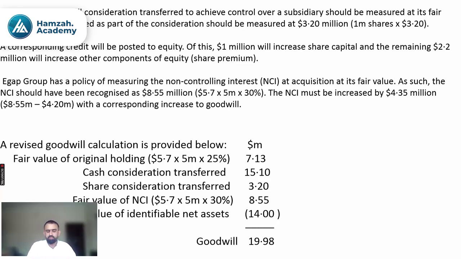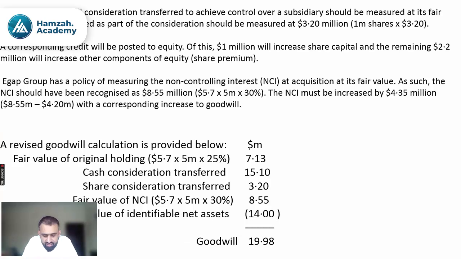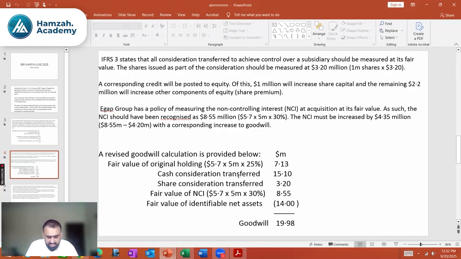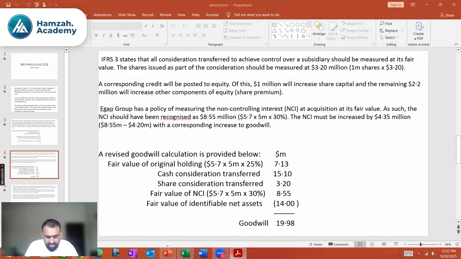So the value of the goodwill is 19.98. Now we have to adjust these values in the consolidated financial statement.